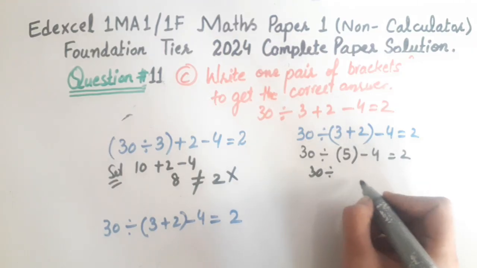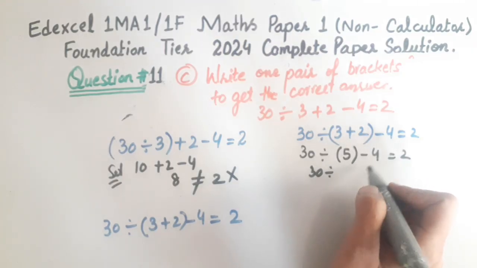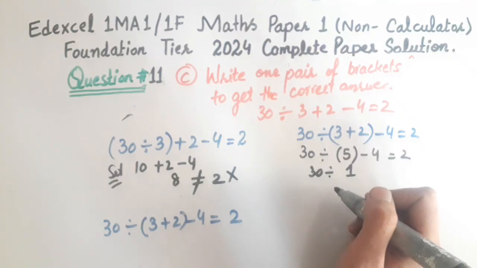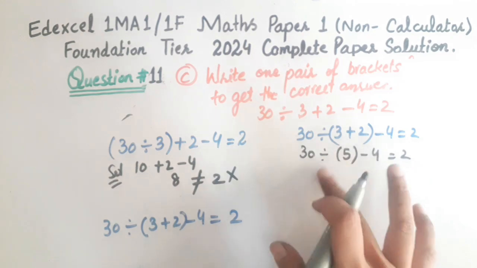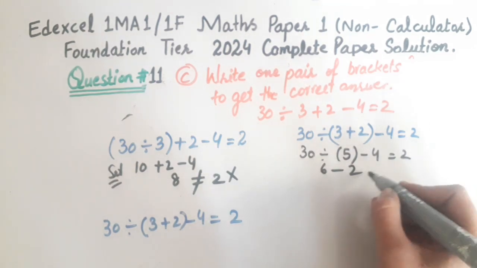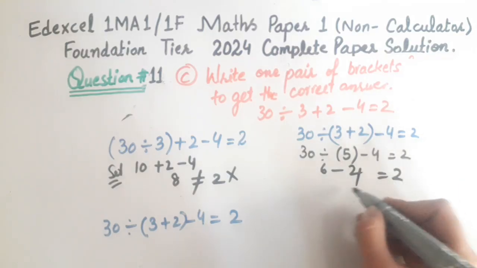So according to the math rule, 30 divided by 5 is 6. 6 minus 4 is 2.